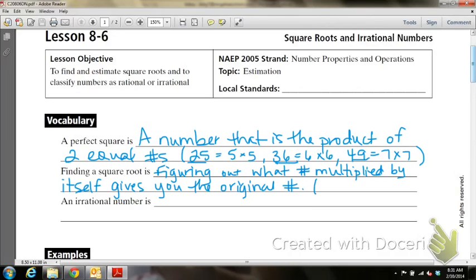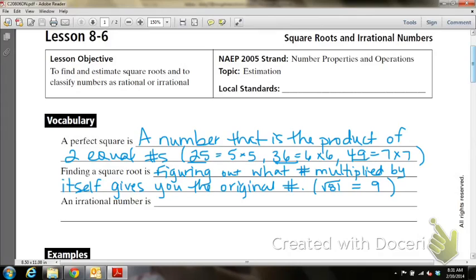Okay, so an example: if I were to ask you what's the square root of 81, and that's a square root symbol, it looks like a division, but it's got a little extra check mark on it. What number times itself gives me 81? Well, it would be 9. So 9 would be the square root. You don't list it twice. You just say 9 is the square root of 81.